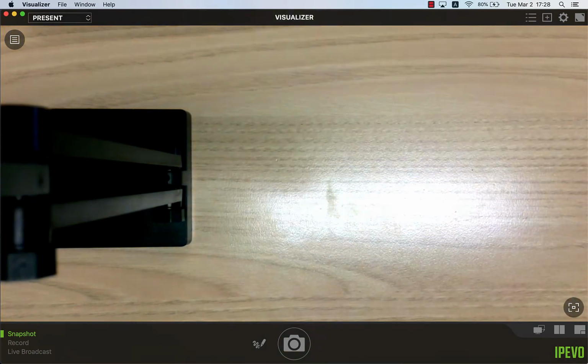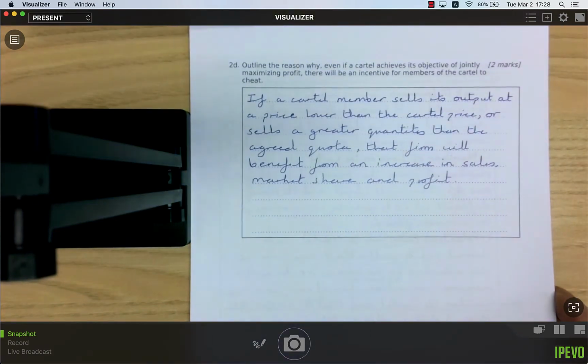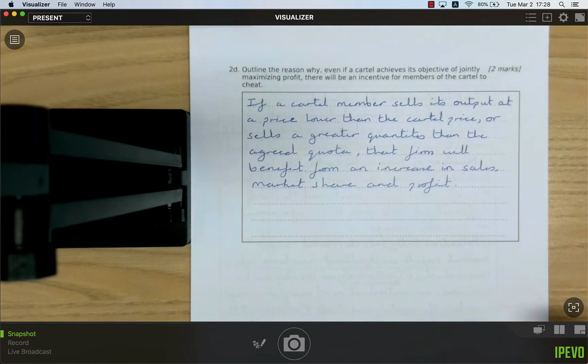It's just annoying. Outline the reason why, even if a cartel achieves its objective of jointly maximizing profit, there will be an incentive for members of the cartel to cheat. That is why these things do not last forever, guys. There's always that incentive. Given enough time, someone will respond.